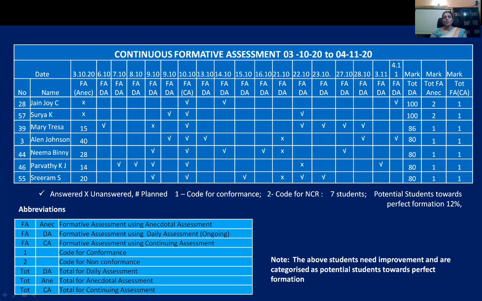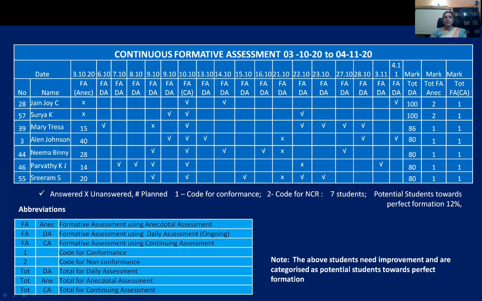The abbreviations used are as follows. FANAC represents formative assessment using anecdotal assessment. FADA stands for formative assessment using daily assessment or ongoing assessment. FACA stands for formative assessment using continuing assessment.